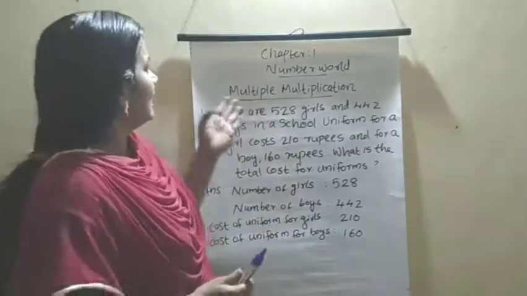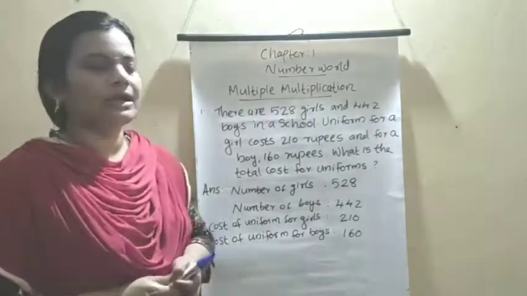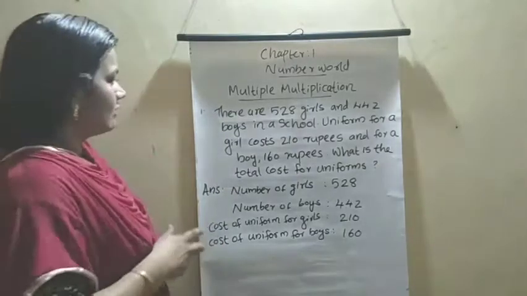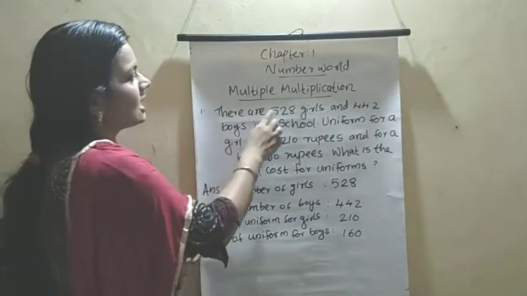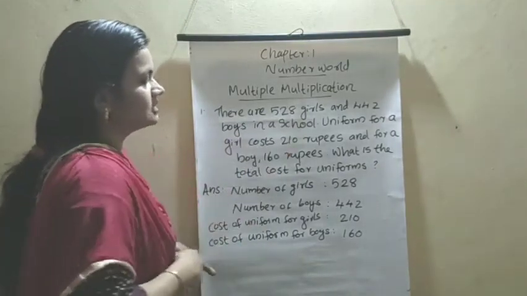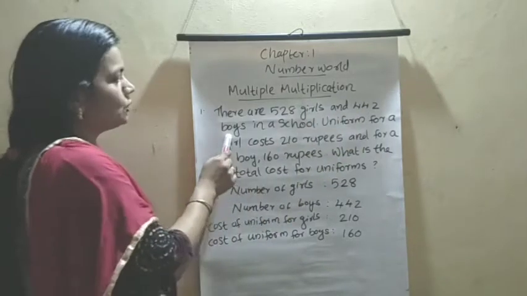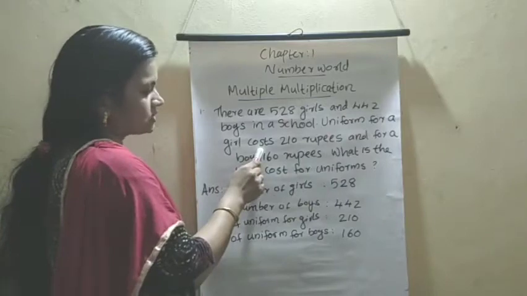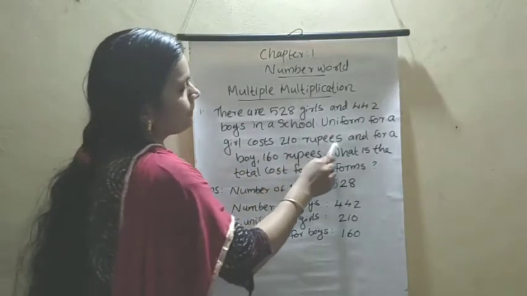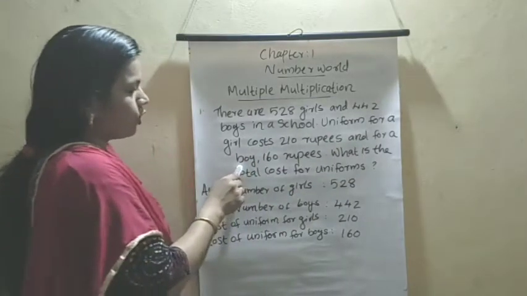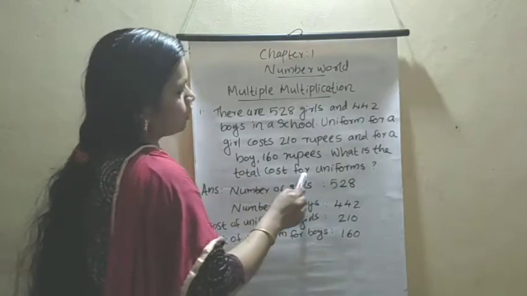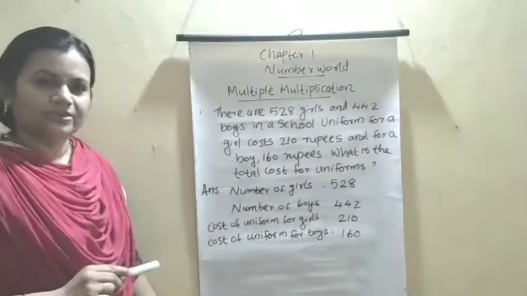So one problem is given. First of all, multiplication. I will read the question. There are 528 girls and 442 boys in a school. Uniform for a girl costs 210 rupees and for a boy 160 rupees. What is the total cost for the uniform?